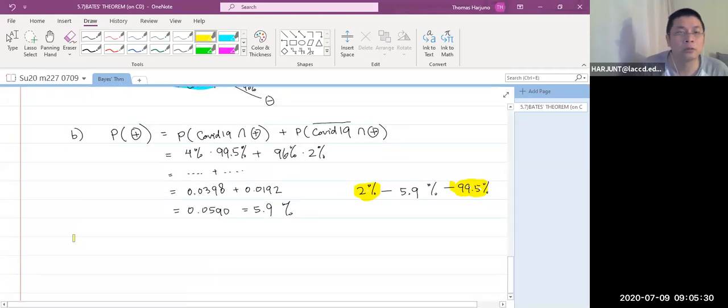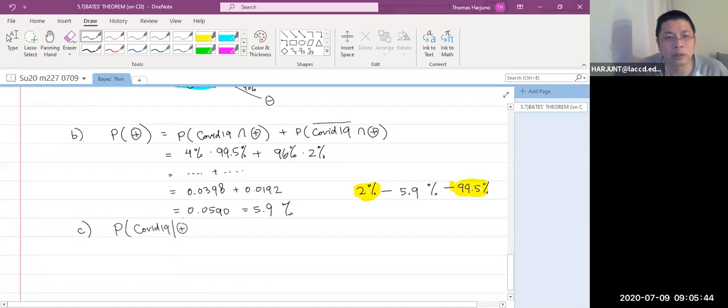And the third one, so in part B there, I actually do step 2 and step 3 at the same time. And what is the probability that person actually has COVID-19, knowing that person tested positive? So this is the probability of tested positive below and probability of the intersection above. 0.0590 here and 0.0398 here.